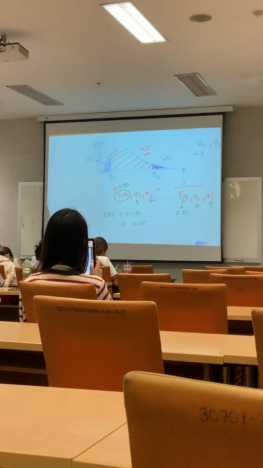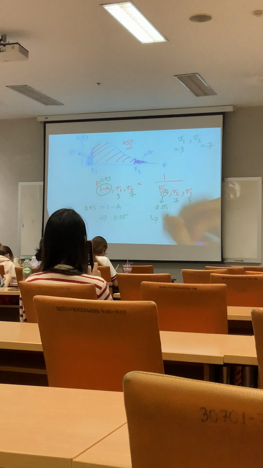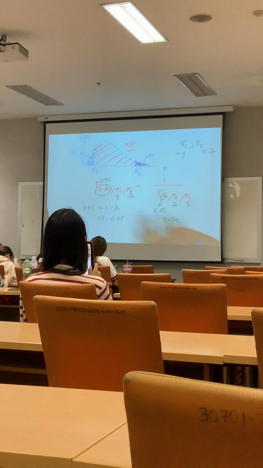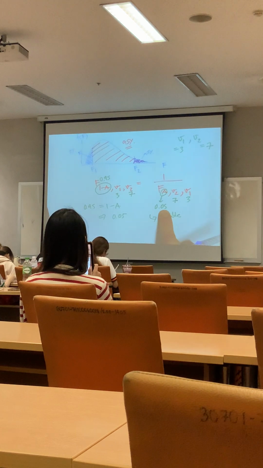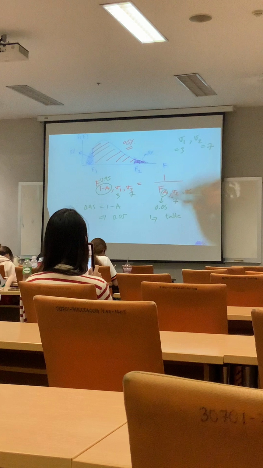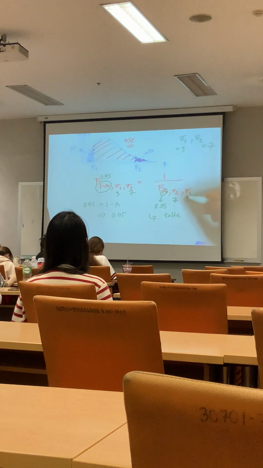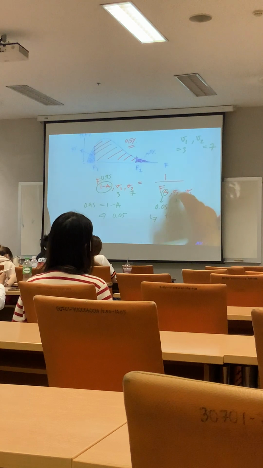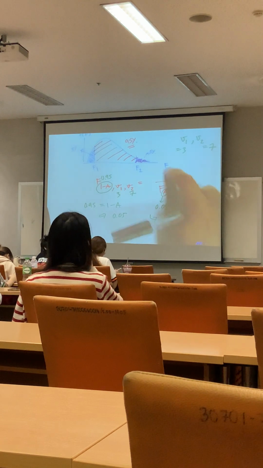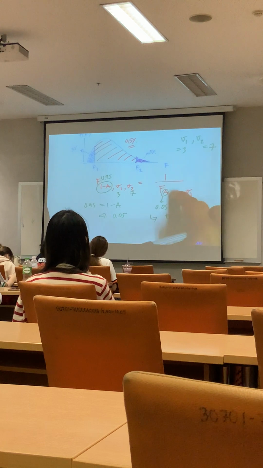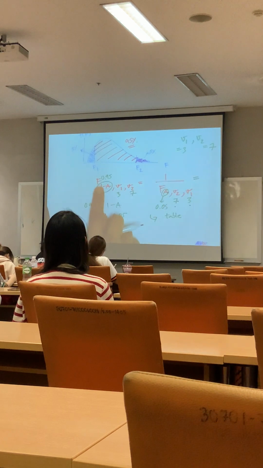This means you look in the table for F of 5% with numerator degree of freedom 7 and denominator degree of freedom 3, and then you substitute that into this formula, 1 divided by this number, and it's going to give you the F of 95% with 3 and 7 degrees of freedom.